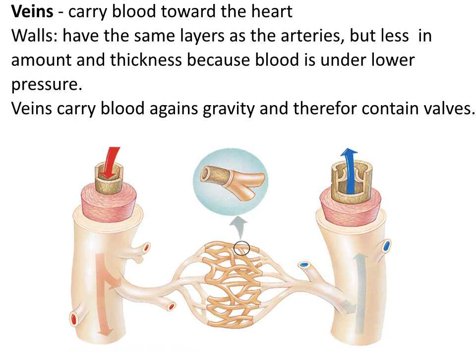And to do this, the veins often have to move against gravity, because there's blood that gets to your feet that has to get all the way back to your heart. And so veins have an additional feature that allows them to not let the blood fall back down with gravity. So veins have valves. They are one-way valves, this picture has them here, that prevent backflow of blood.